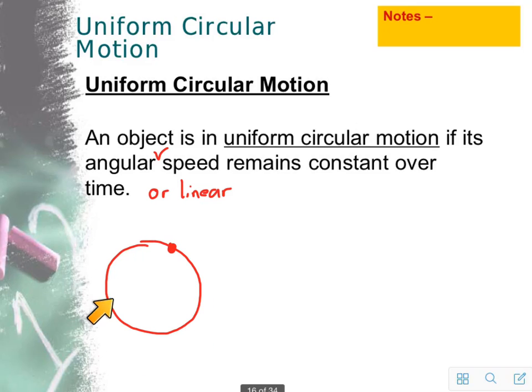We just want it to go at a constant speed around the circle. If it goes at that constant speed, then we can say that the circular motion is uniform. But if we have things speeding up and slowing down and speeding up and slowing down, that is not an example of uniform circular motion.